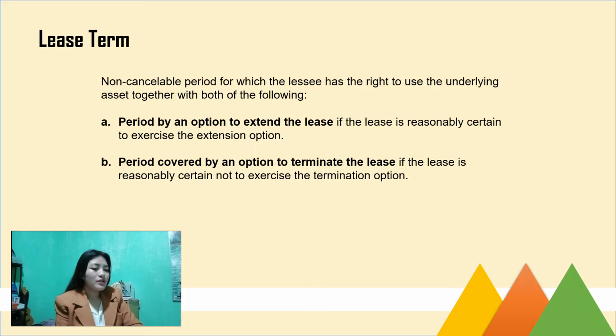And then the next one or the last one, if the lessee naman ay reasonably certain or sigurado not to exercise the termination option, yung period covered by an option to terminate the lease ay kasama din sa lease term. So again, ang lease term ay non-cancelable period, meaning kapag violate, maglilid siya sa breach of contract. So lease term, ito yung mga napagkasundaan na term or period or scope kung gaanong kahaba or katagal ipaparent or i-rent yung isang underlying asset.